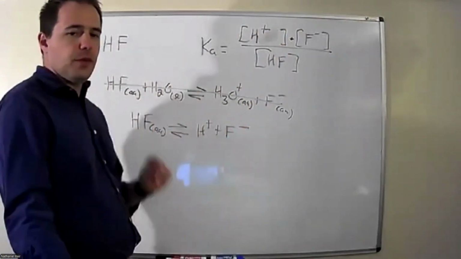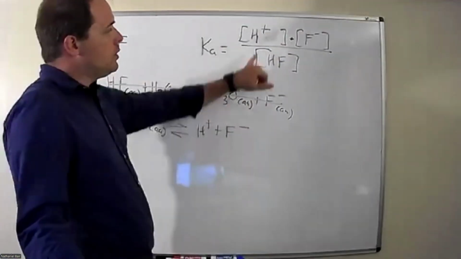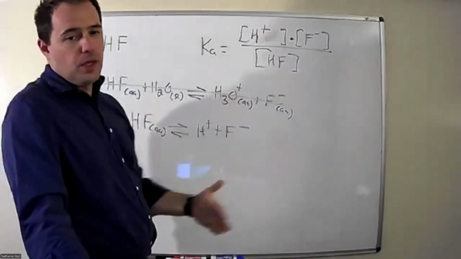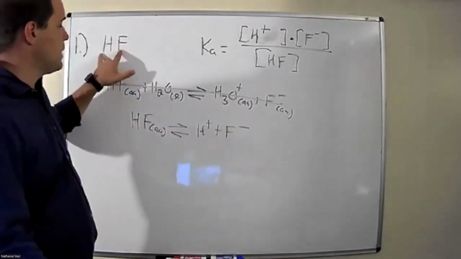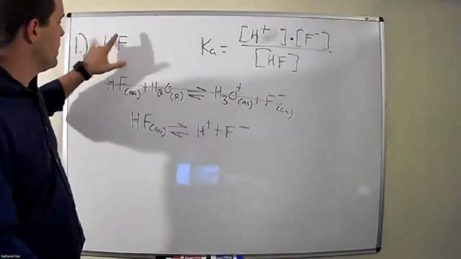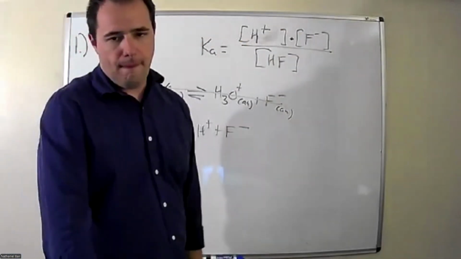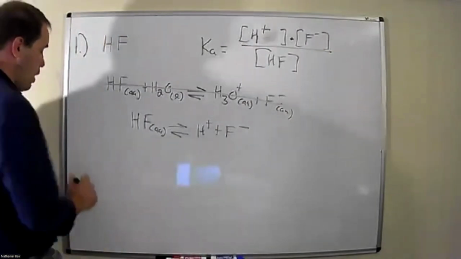Either way is fine, because if you're a self-respecting chemist, you need to know H plus is really H3O plus. So you could write the expression like that. I think that's faster because it's just, okay, that's the full acid and it breaks up into H plus and F minus. Why don't you try it with HClO?